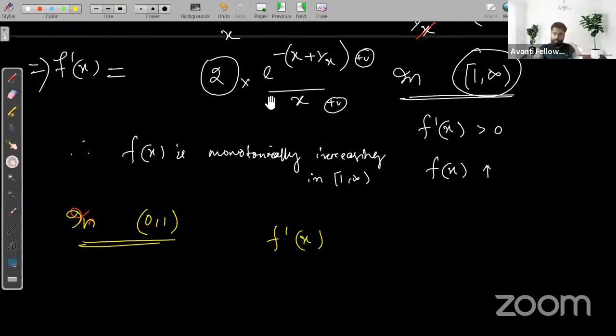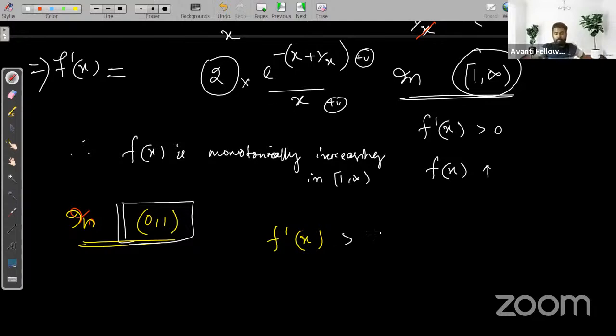The numerator is always positive because in the numerator you have the exponential function, which always gives a positive value. And in the given interval, any point you take is a positive value. So if you put any point between 0 and 1 for x, the denominator is also positive.